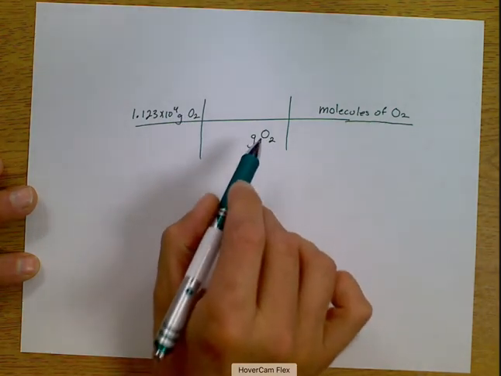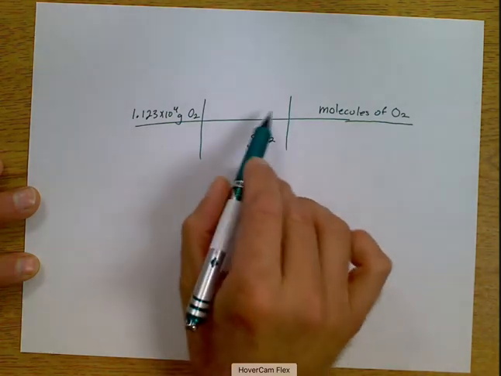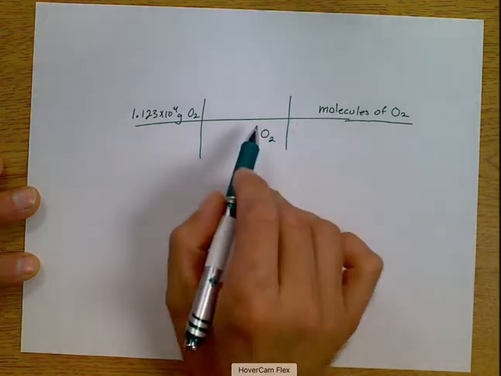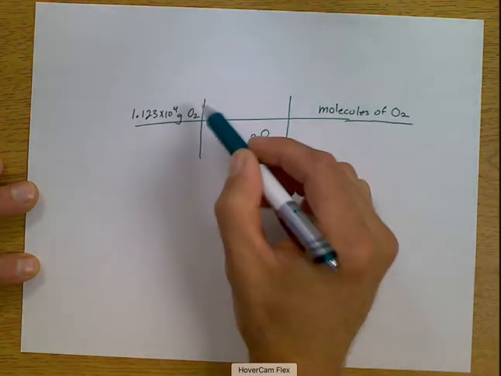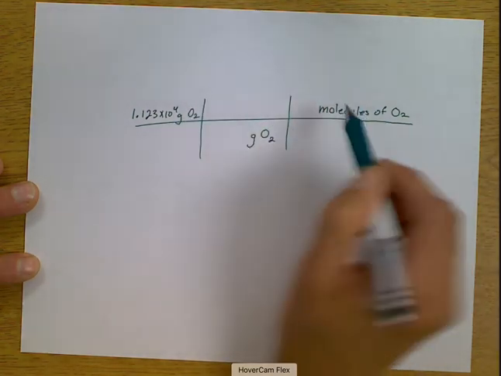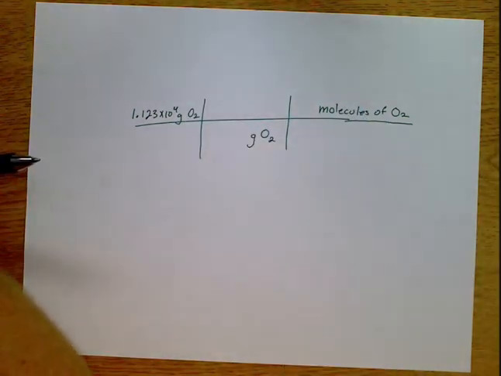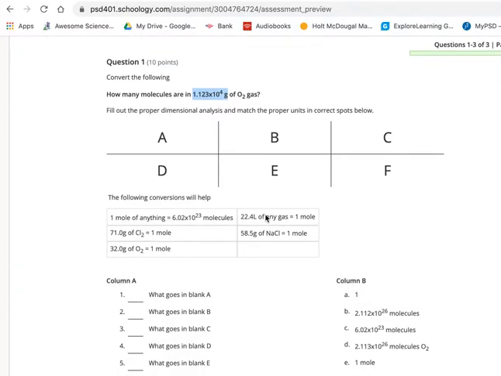Now I have to figure out what I can convert grams to, and then I can convert that to molecules of O2. There has to be a logical progression: I can convert grams to this and then that to that. So let's go back to the question and find that plan. I need to get to molecules.